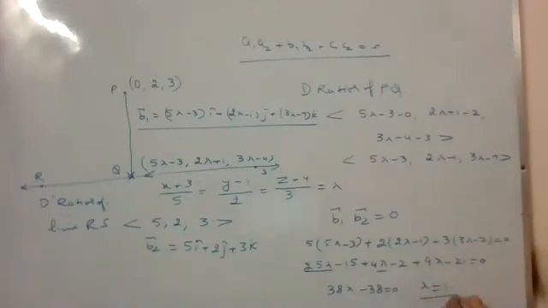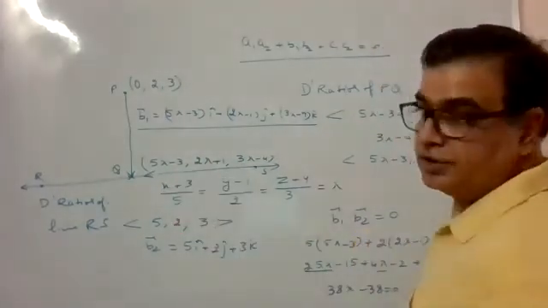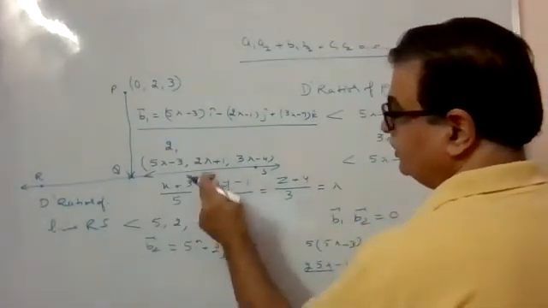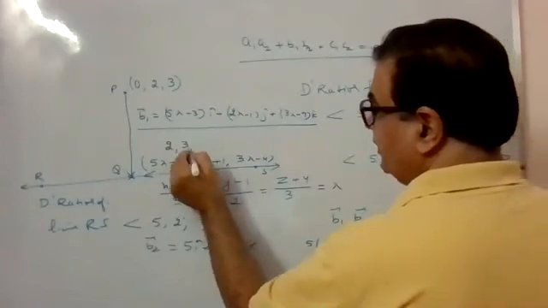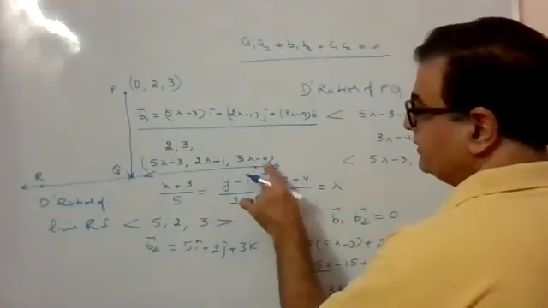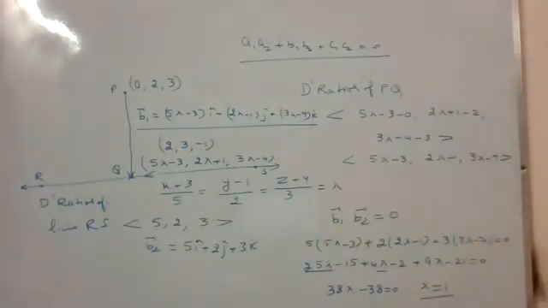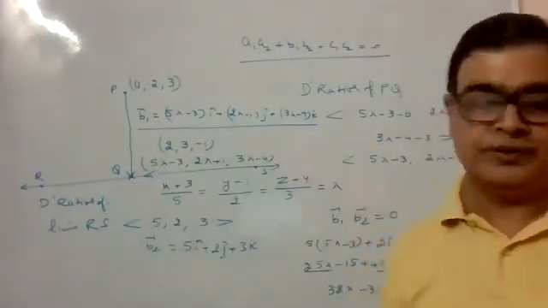So lambda is coming 1. If we got lambda as 1, that means I know this coordinate. Put lambda equal to 1: 5 minus 3 is 2, 2 plus 1 is 3, then 3 minus 4 is minus 1. This is the coordinate of point Q. So we got the foot of perpendicular. Perfect.